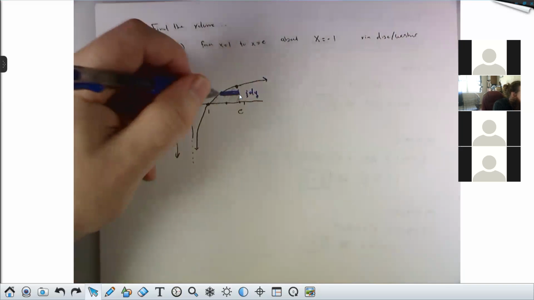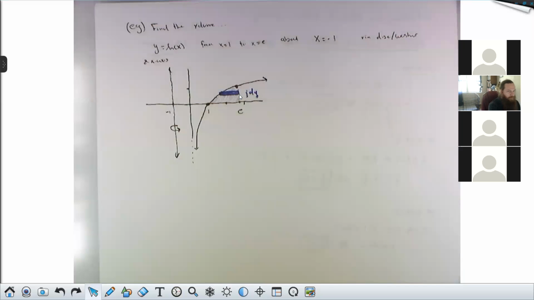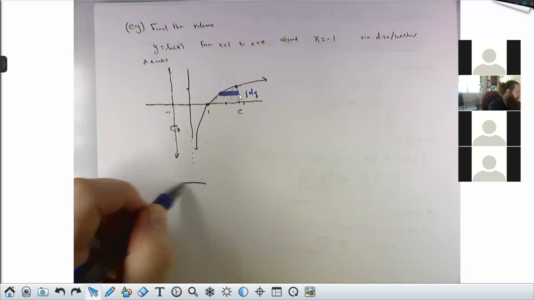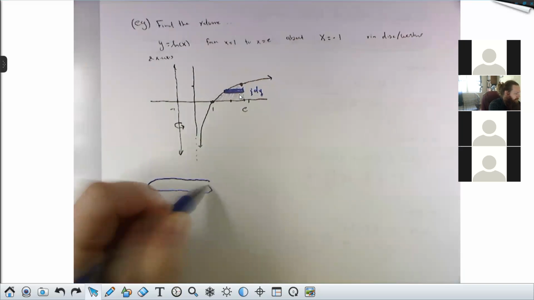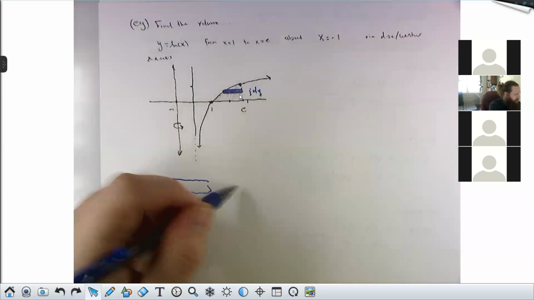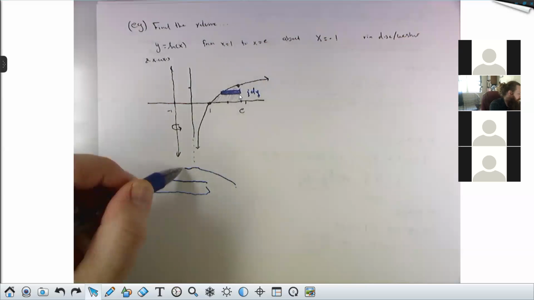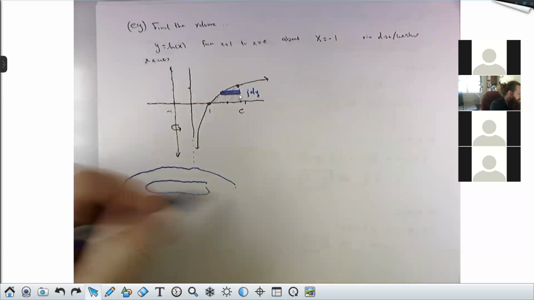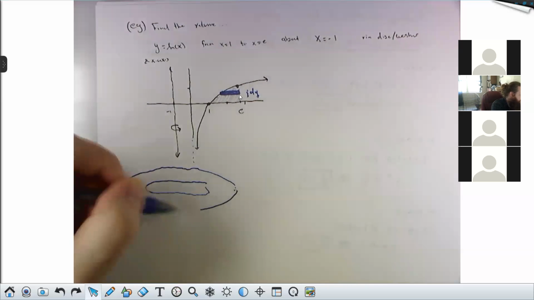So that means I need to find the radii, the things that we're looking for. The product of revolving just that little strip is going to be a little washer.